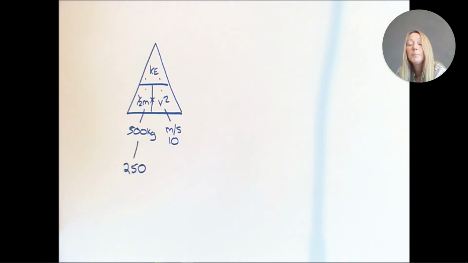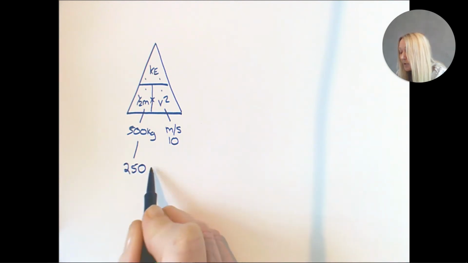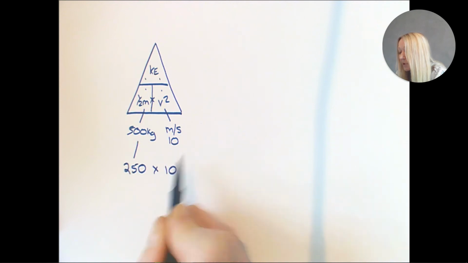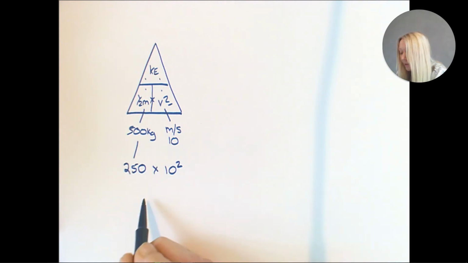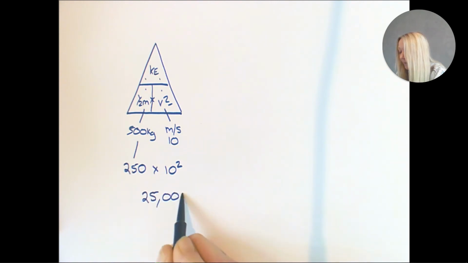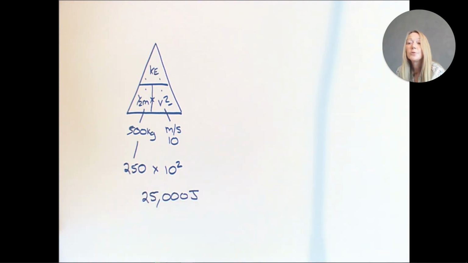So it was 10 meters per second, and that's our velocity, and we need to times that, but we need to make sure that we square it. 10 meters per second squared. If we plug that into our calculator, we will get 25,000 joules of energy. And so that's the first part of the question.